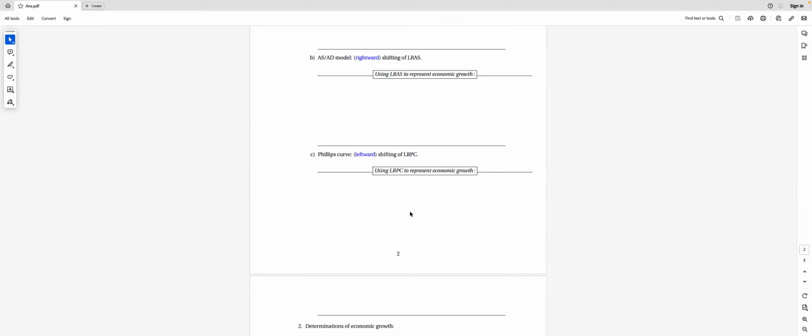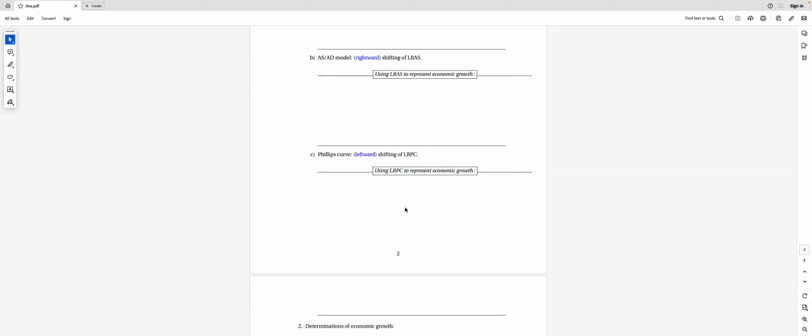If we shift the long run Phillips curve to the left, the intersection of the long run Phillips curve and the horizontal line is called the natural rate of unemployment. The unemployment rate has an inverse relationship with the GDP. So if GDP shifts to the right, increases, that means the unemployment rate will decrease.